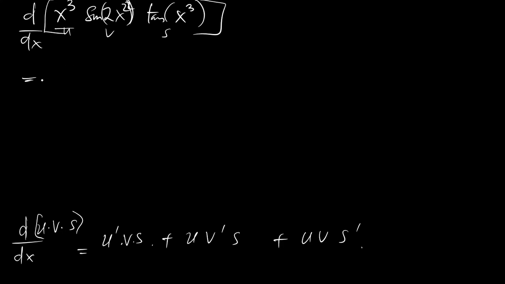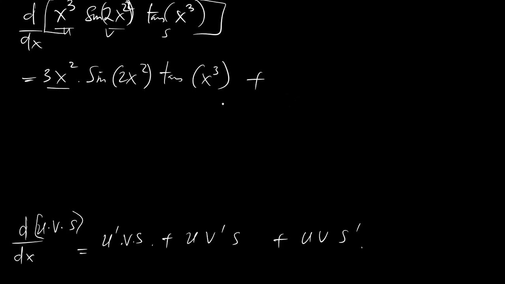to differentiate this, you have 3x squared times this. You differentiate this, which is this, and leave this whole. You have sine 2x squared times x cubed, then plus, you leave u, which is x cubed, you differentiate v, which is v prime.